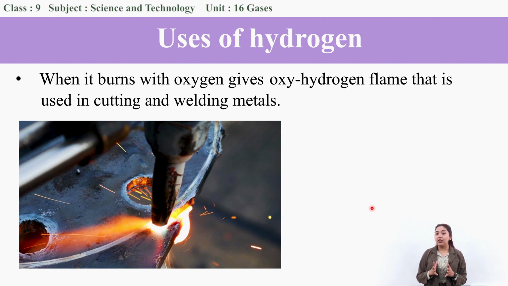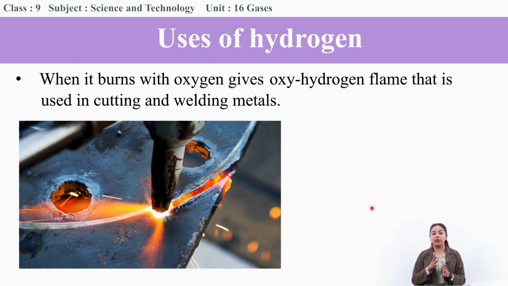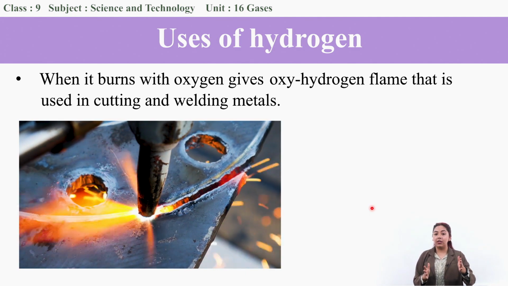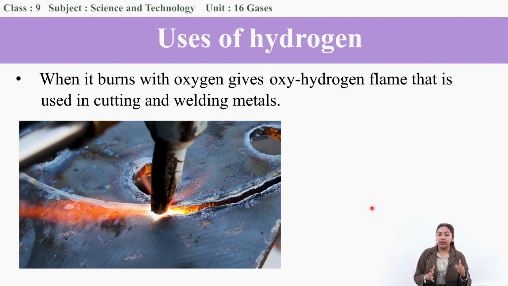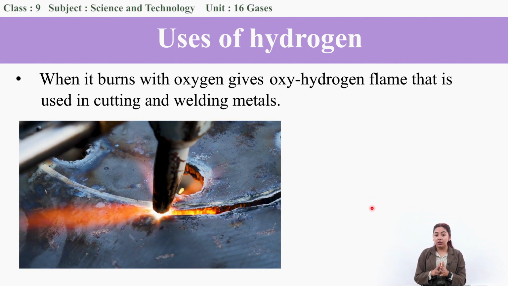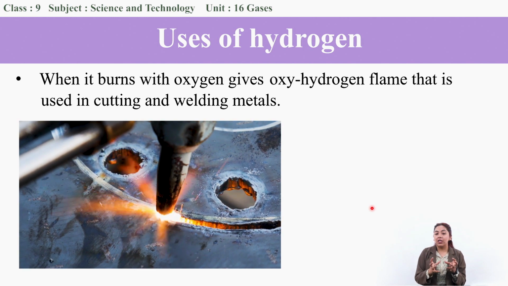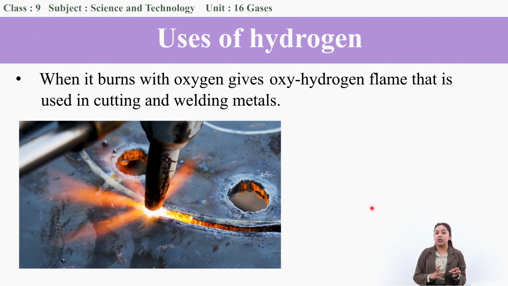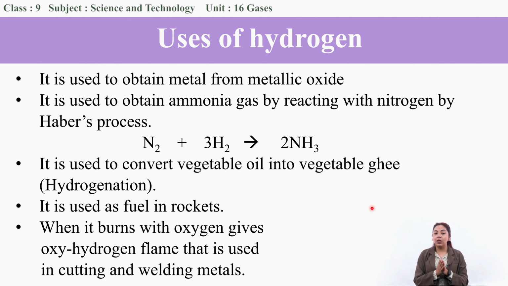Now the final use of hydrogen is when hydrogen burns with oxygen, it gives us an oxyhydrogen flame that you can see in the video here. And this flame is used to either cut metal or weld metals together. So these are all the uses that I just explained to you now.